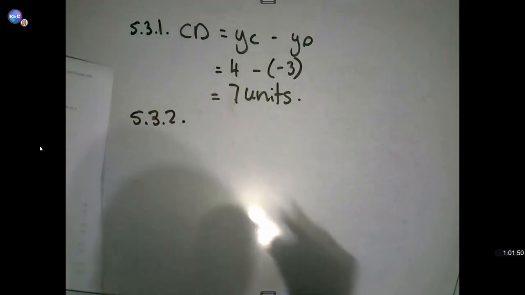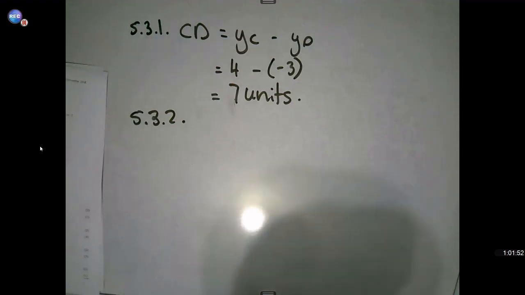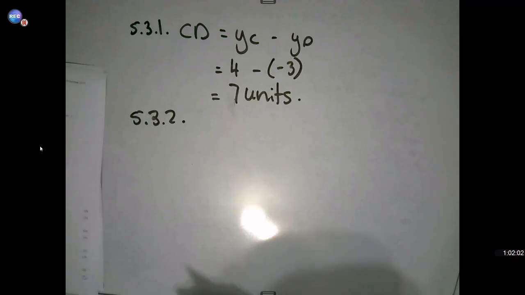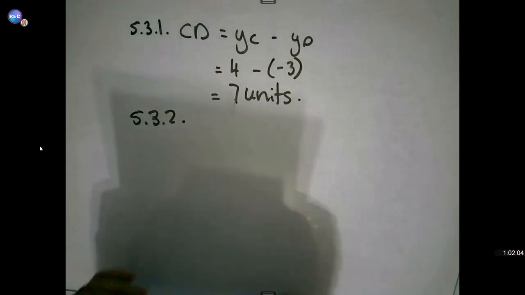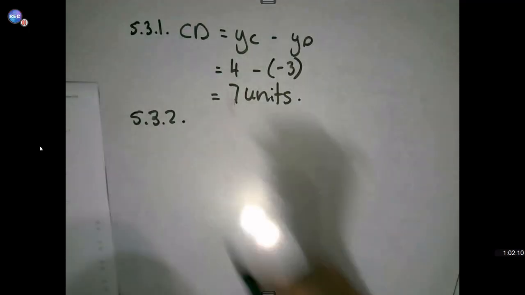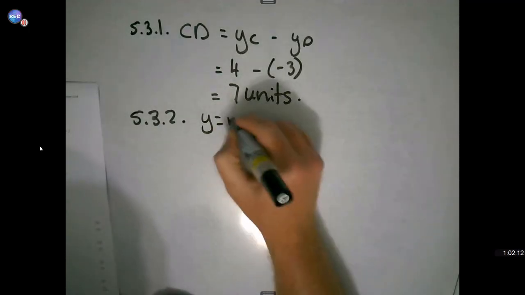Then 5.3.2, they ask us to determine the equation of a straight line through A and D. Determine the equation of a straight line through A and D. So over here, the straight line equation is obviously y equals mx plus c.